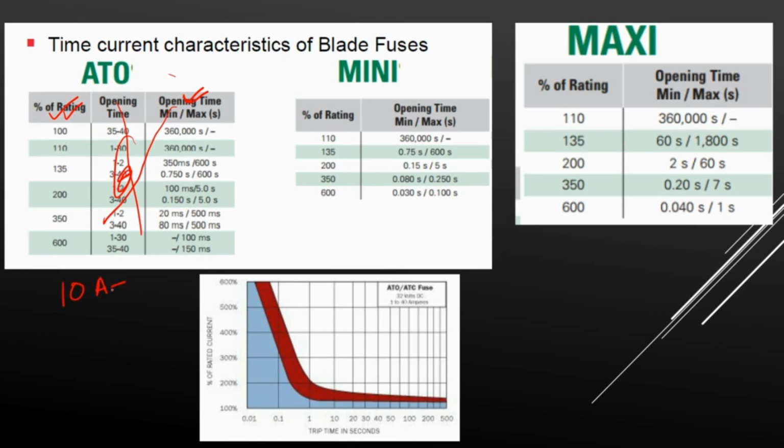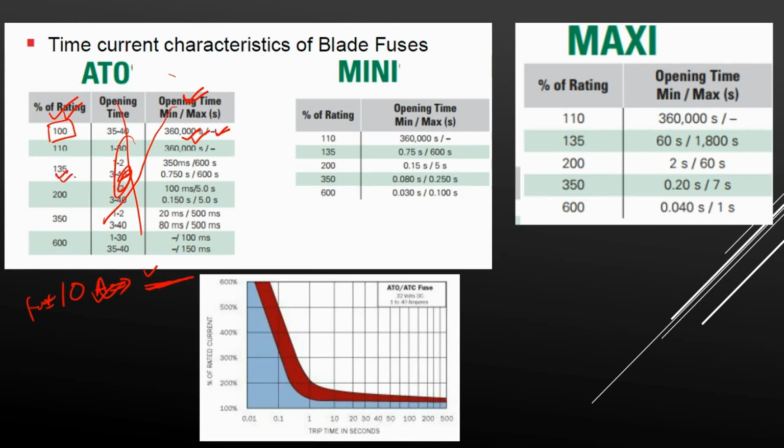Suppose 10 ampere of current is to flow in that particular wire, okay, but if you are flowing 100% of current, that is 10 ampere in this wire, and you are using that particular fuse, okay, then the opening time would be this much, this many seconds opening time of that particular fuse.